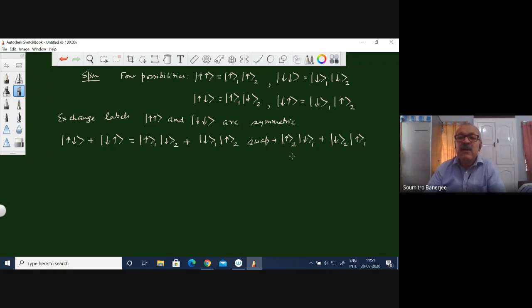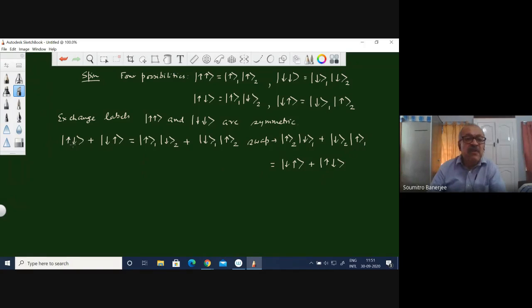Now in our positional convention, this will be down first, because the first one is in the down state and the second one is in the up state, plus the first one up and the second one down.